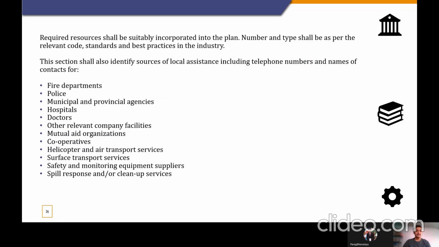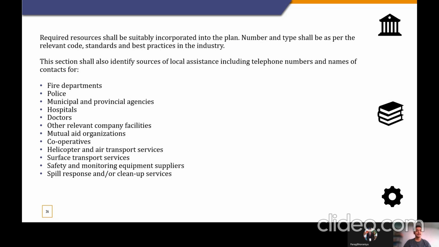The selection of these resources and local assistance should be provided to the installations, and it includes the contact numbers and names of the professionals working at the locations given below, such as fire departments, police, hospitals, not only government hospitals but some nearby private hospitals also, municipal agencies, doctors and other relevant companies, pollution control boards and cooperatives, and if it is an offshore facility, then there will be helicopter and air transport services also.